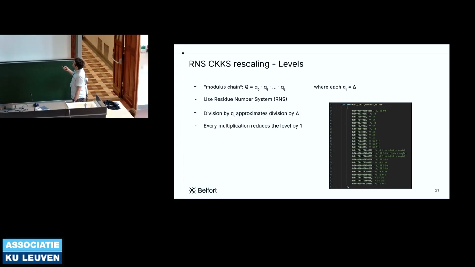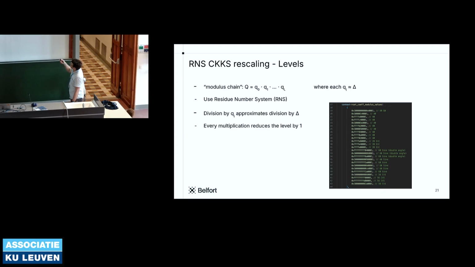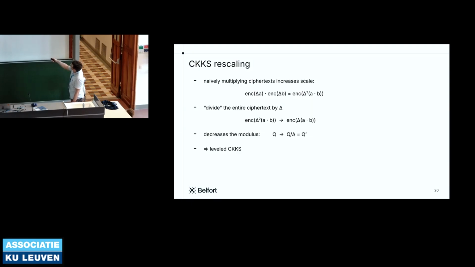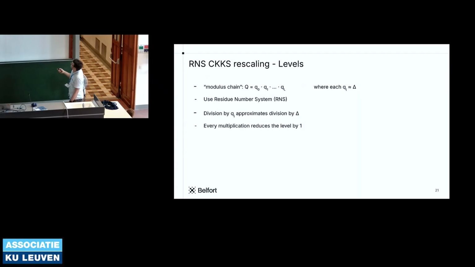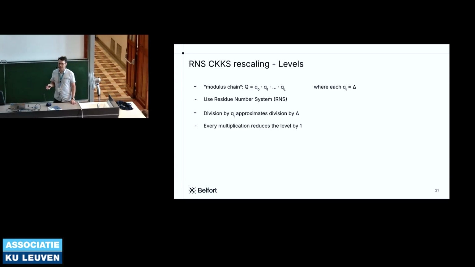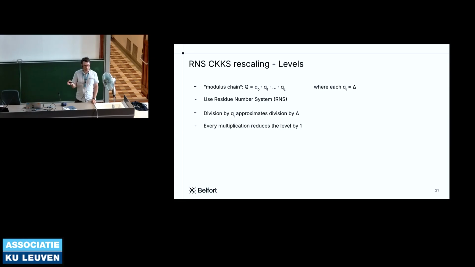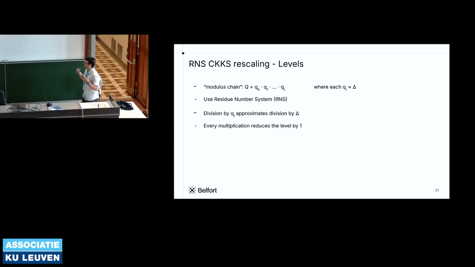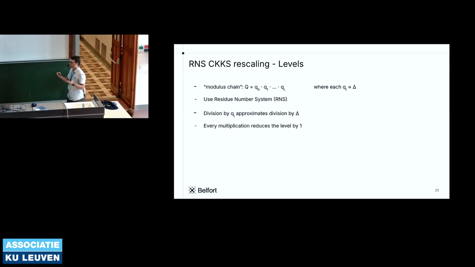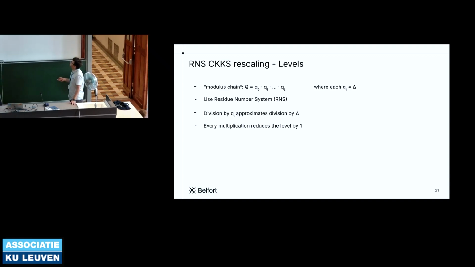When I say that I drop a prime, what I want to do is divide by delta, and instead I'm going to divide by one of these qi primes, which is roughly delta. And again, this introduces noise, but I said that I was okay with this. Of course, if you want to do this properly, you need to compute the size of the noise that you carry along, but it turns out that this is not a big problem.